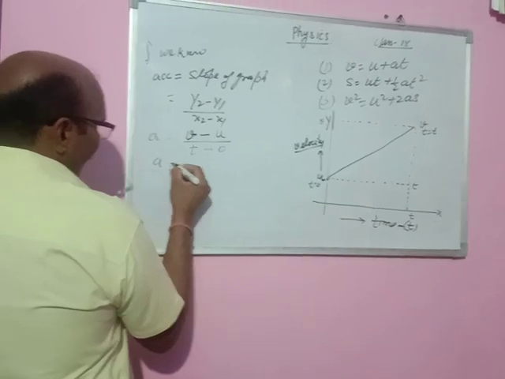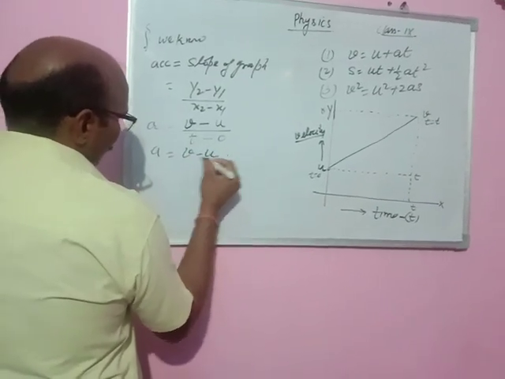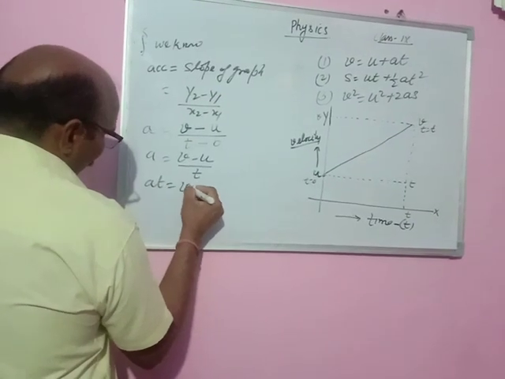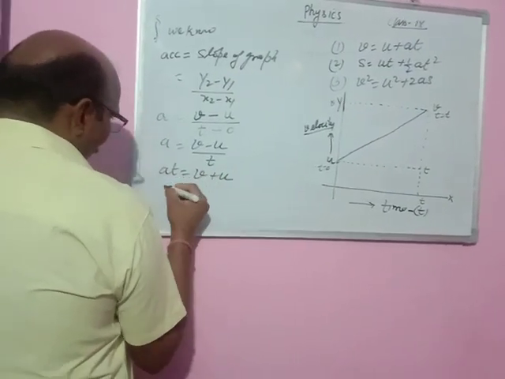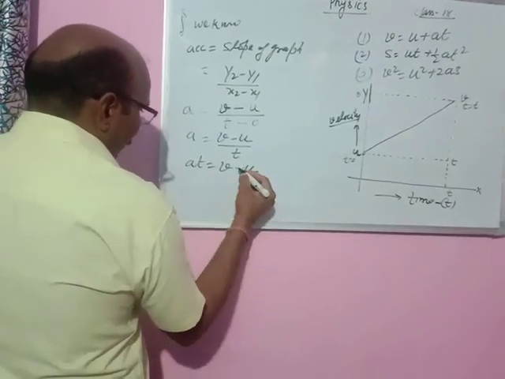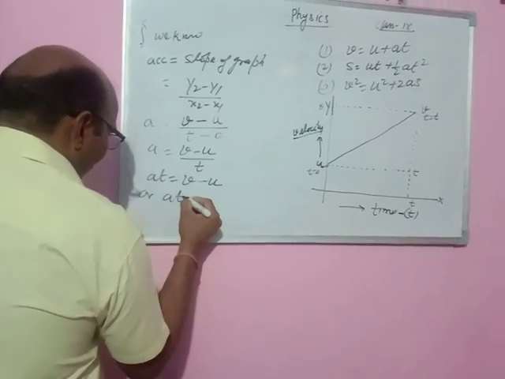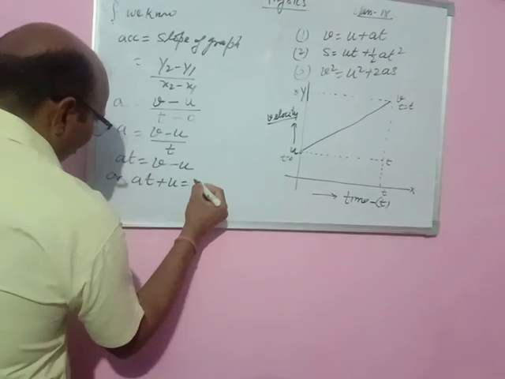So a equals v minus u upon t, or at equals v minus u, or at plus u equals v.